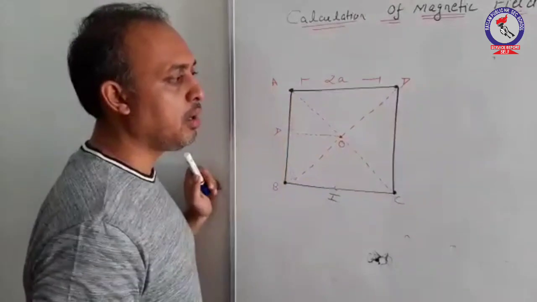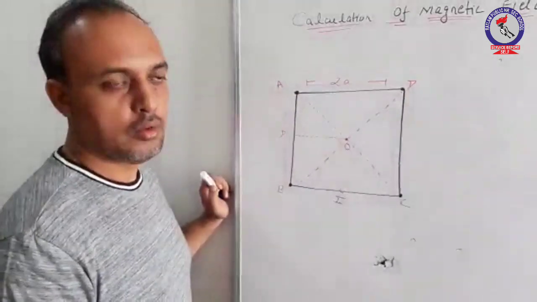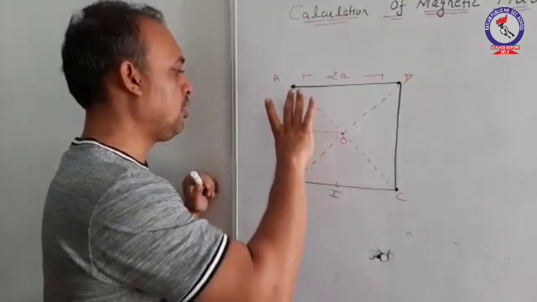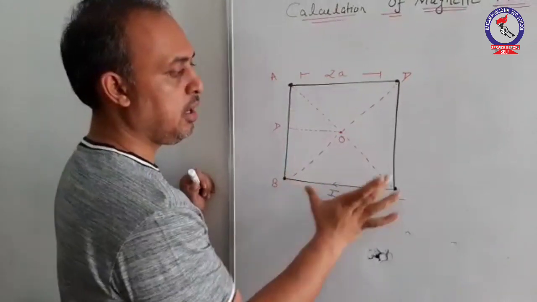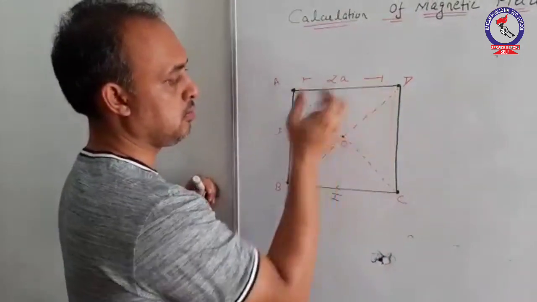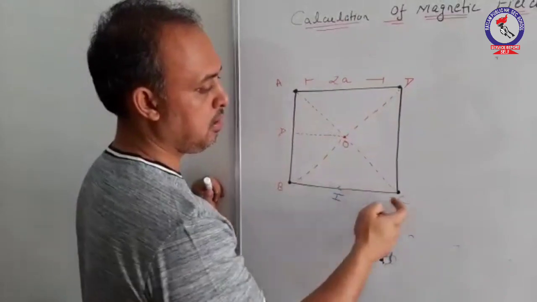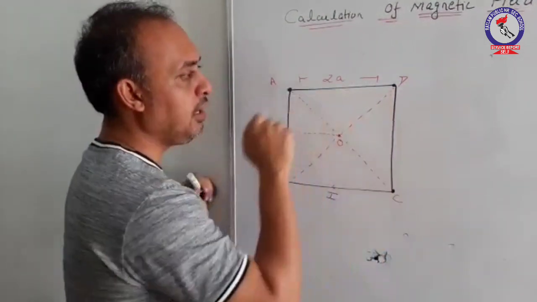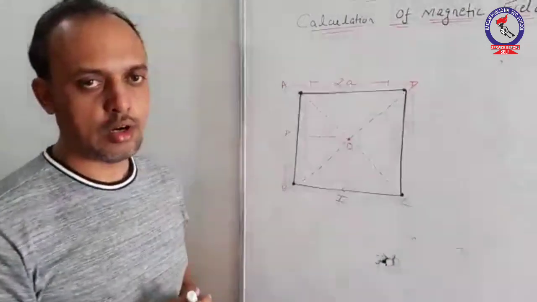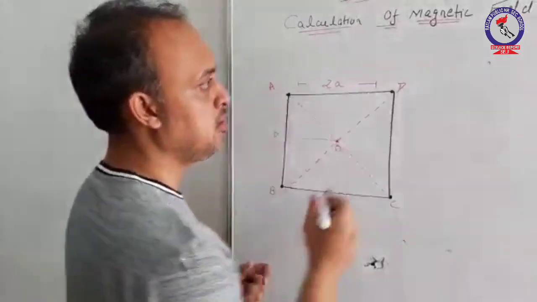If we need to calculate magnetic field at the center, we can observe that this square coil is made up of 4 conductors AB, BC, CD and DA. All are straight conductors.